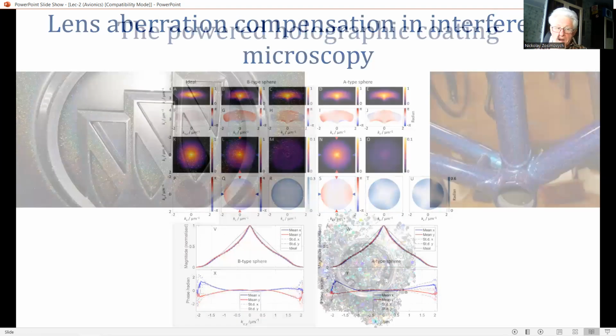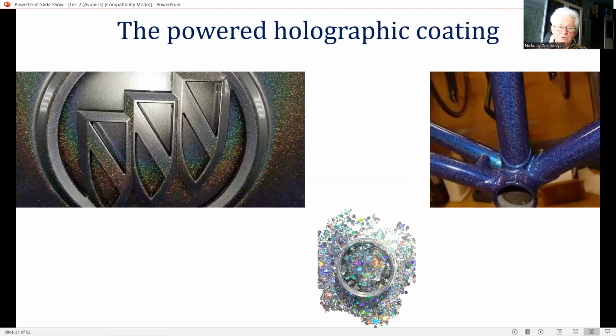The powered holographic coating produces an effect equivalent to local variations in the curvature of the spherical reflecting surface of the combiner, correcting the aberration error by diffracting the light at the appropriate point.